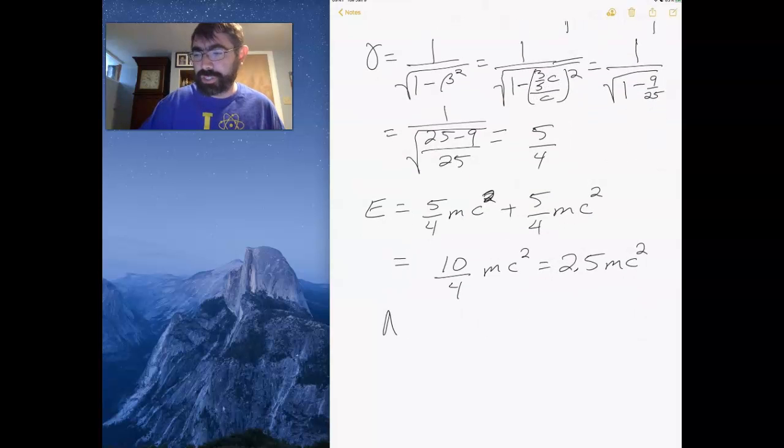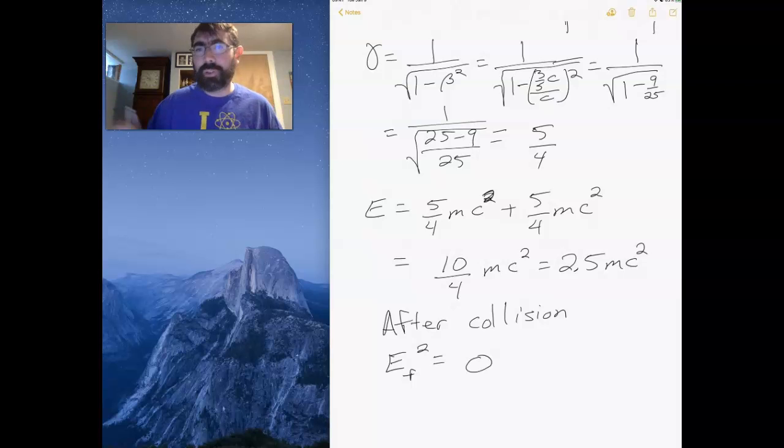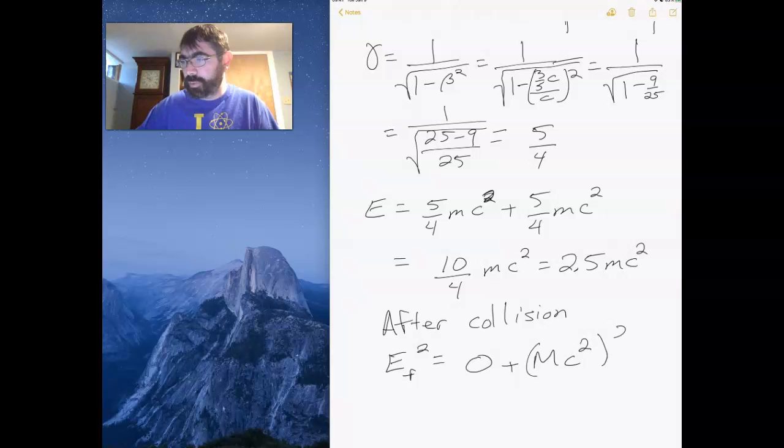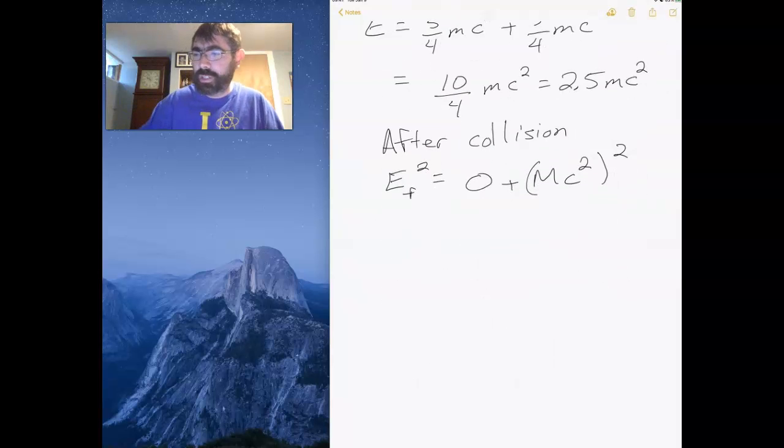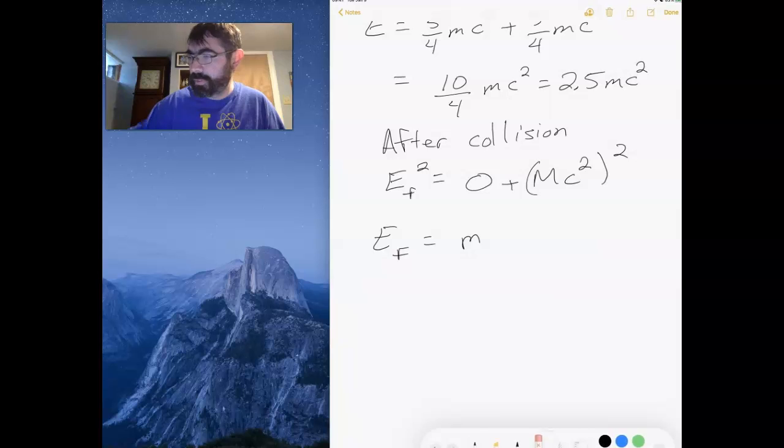After the collision, E final squared is equal to 0 momentum, since it's at rest, plus Mc squared quantity squared, so the final energy is equal to Mc squared.